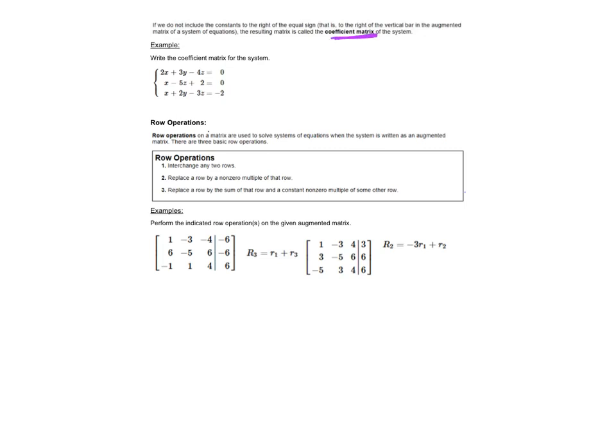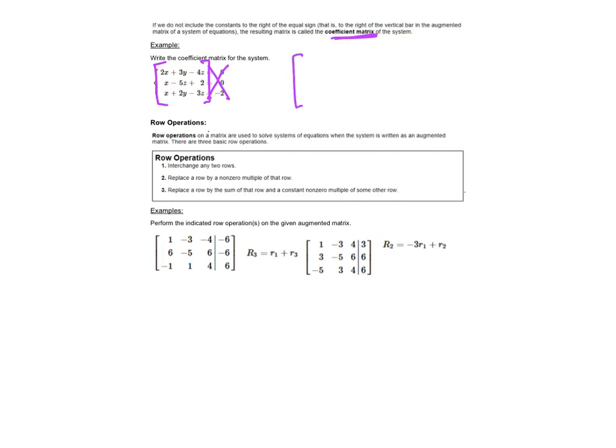Augmented matrix means that I'm going to draw that line and I'm going to include the equals. Coefficient means I'm basically going to get rid of the stuff on the equal sign. And so in this case, I would just be using the coefficients or the numbers in front of my variables. Okay, so coefficient matrix is just one other way to represent an augmented matrix. I just am not using the equals, right?